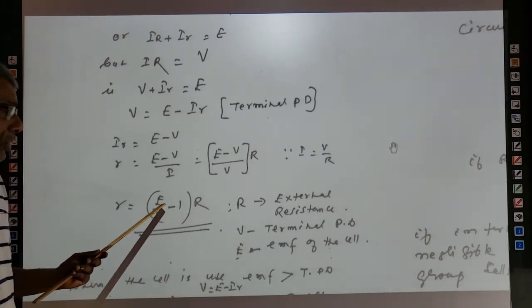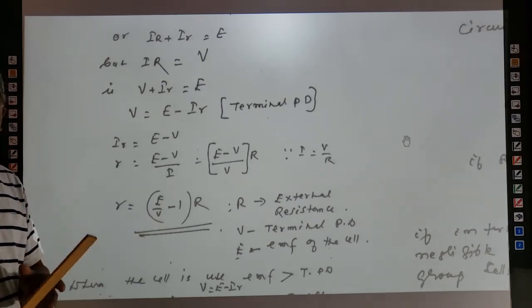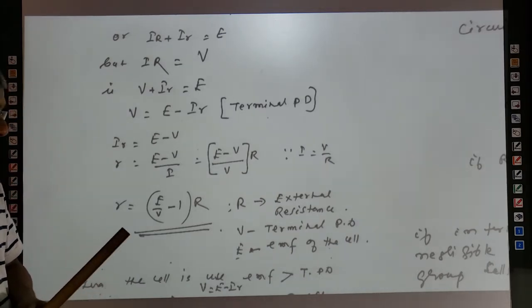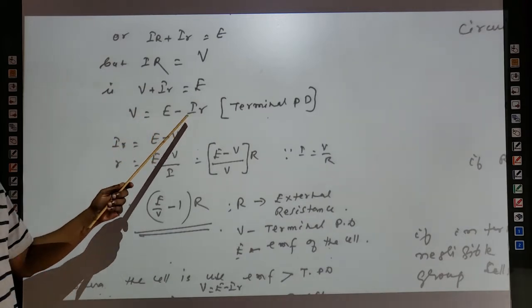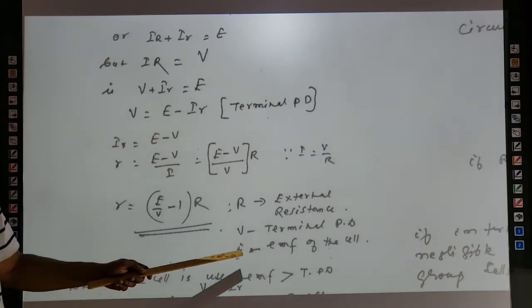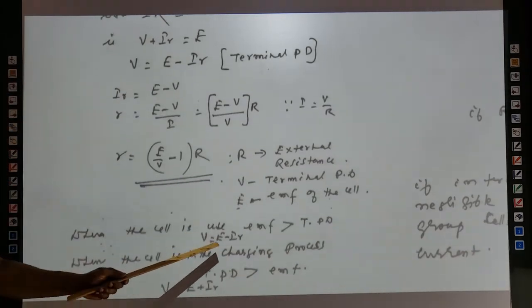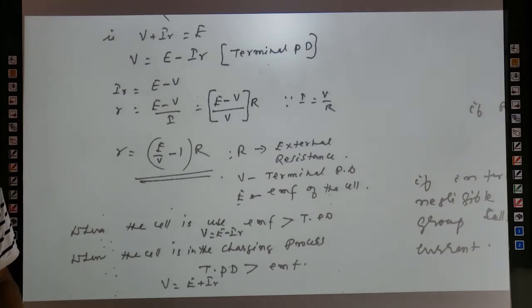But the actual energy of the cell is E. Some amount of energy of the cell is used for overcoming the internal resistance of the cell. That is why we write V is equal to E minus I into r. So E is the EMF of the cell. When the cell is in use, EMF is always greater than the terminal PD.